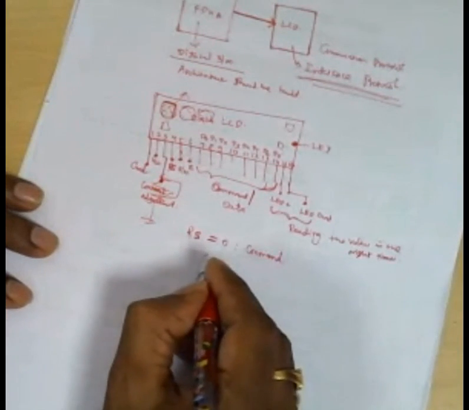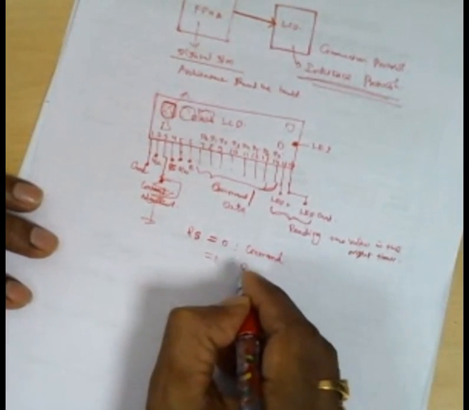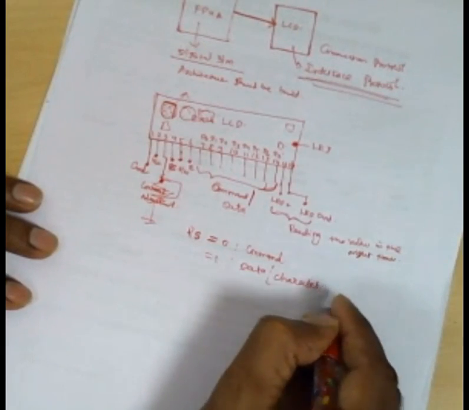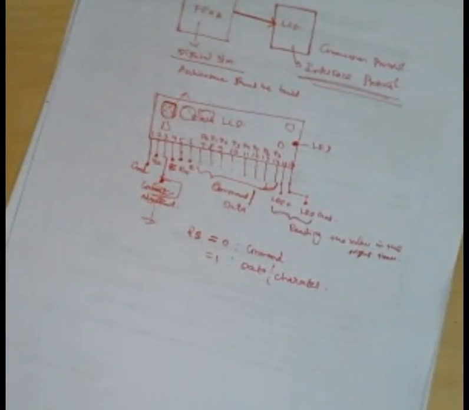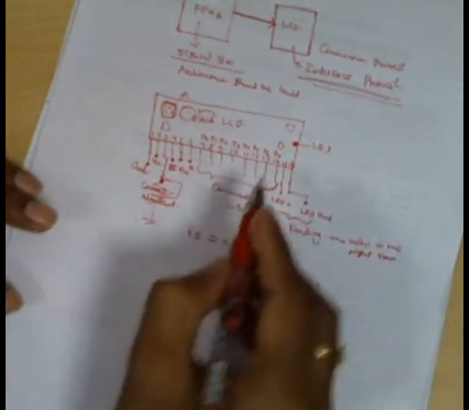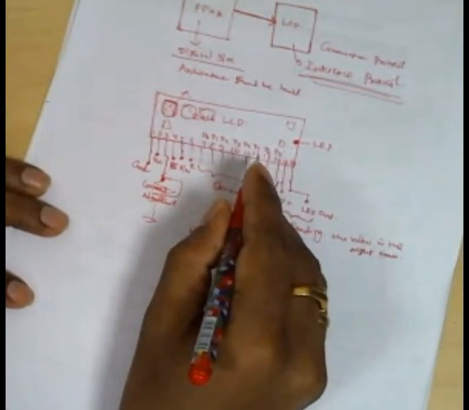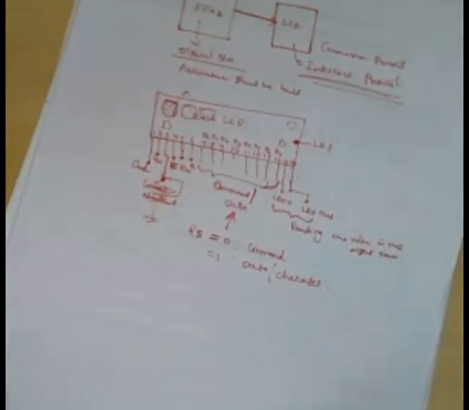I will tell you what is command. If it is 1, this is called data or character. As long as your RS equals 0, whatever 8-bit value you are sending here will be treated as a command.